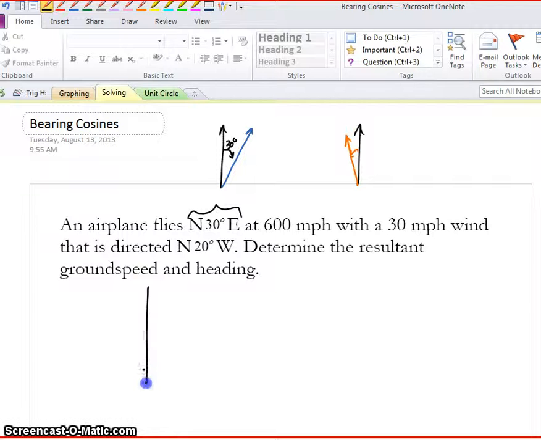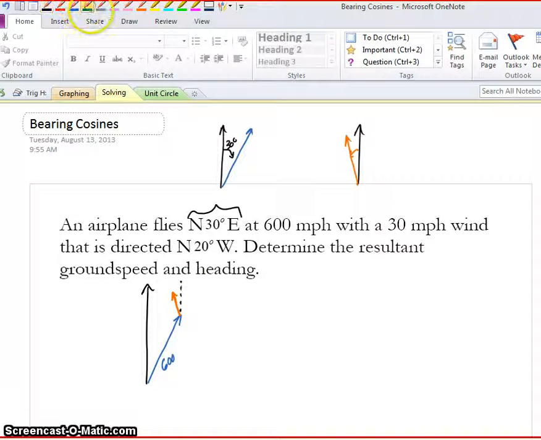So first thing, I want to put north on my diagram, and I know that the plane is looking to head this direction, and it's going at 600 miles per hour. And I know that the wind is going to push back at about 30 miles per hour in this direction. And if you want to include a little north there, you can.